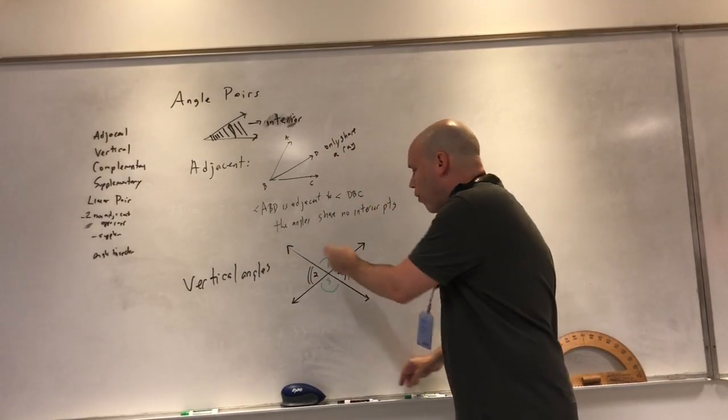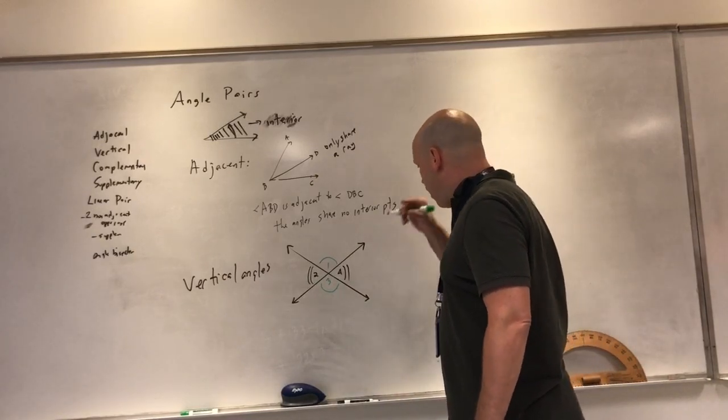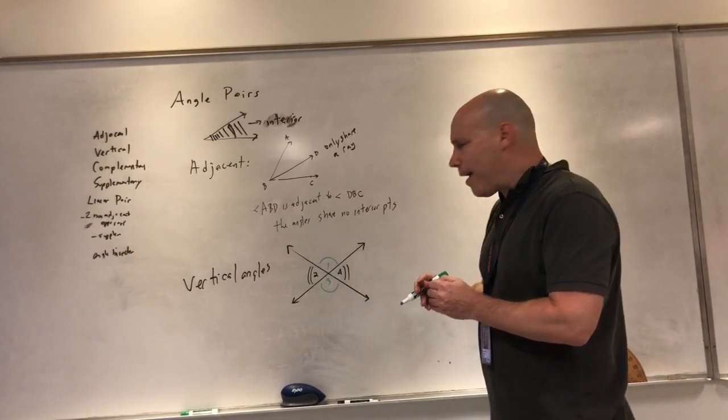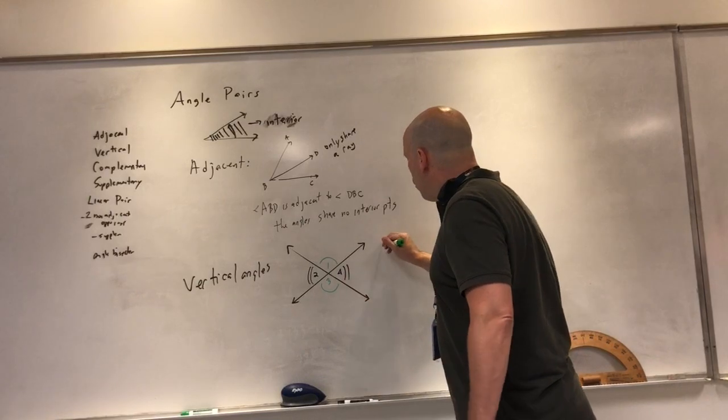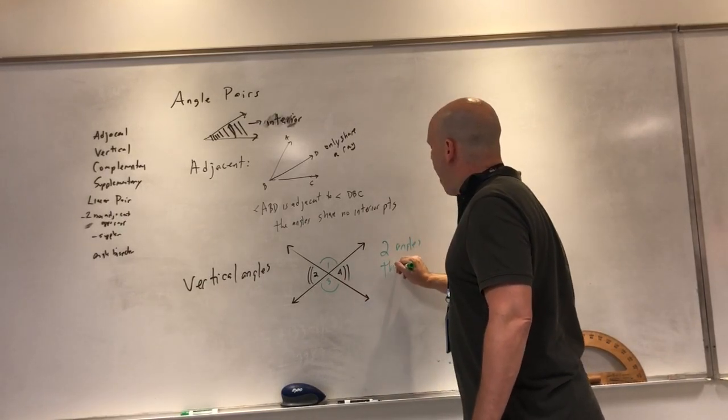So the question is, what are these pairs? These are known as vertical angles. So how would we define vertical angles?